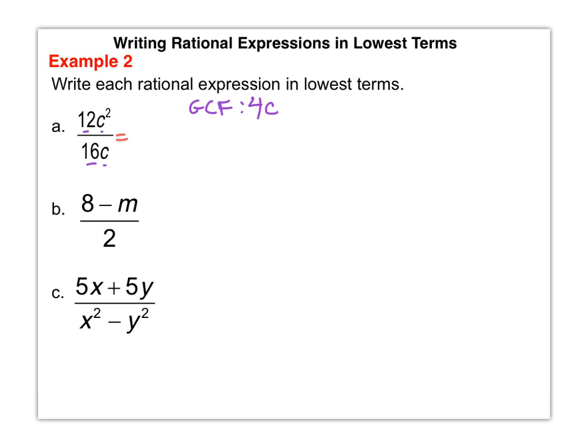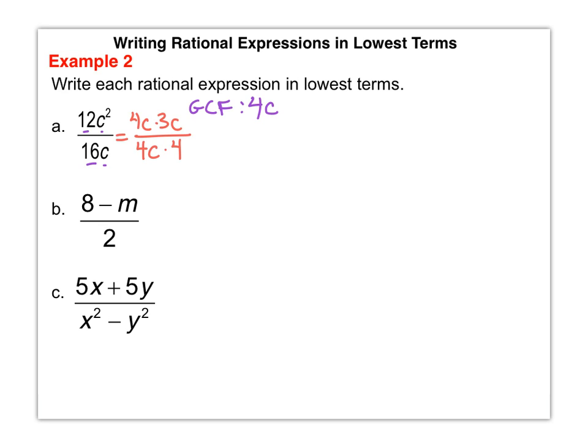Now what you could do is write the numerator as that greatest common factor, 4c times 3c, and that would give you 12c squared. The denominator can also be written as 4c times 4.